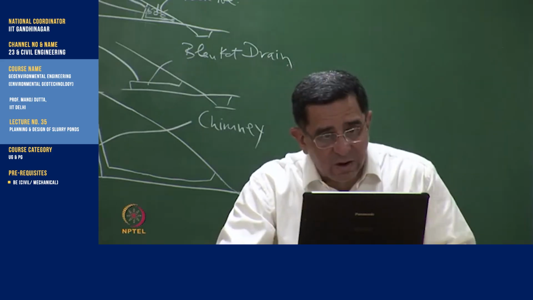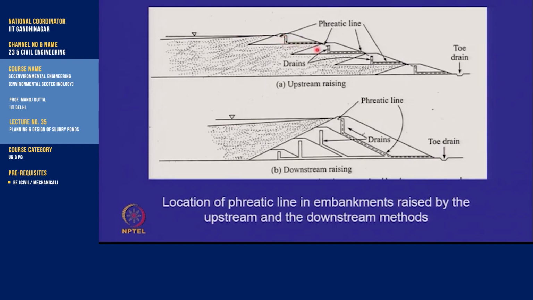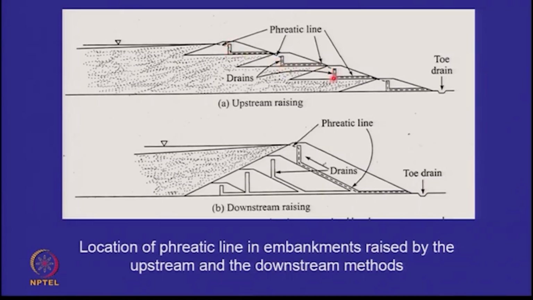So to take care of this, we put the drains like in a homogeneous embankment, which I just talked about. But do see this, that even if I put the drain in the middle of the upstream side, my failure surface will tend to go through the loosely deposited material, the critical failure surface will go like this. There will still be pore water pressure.